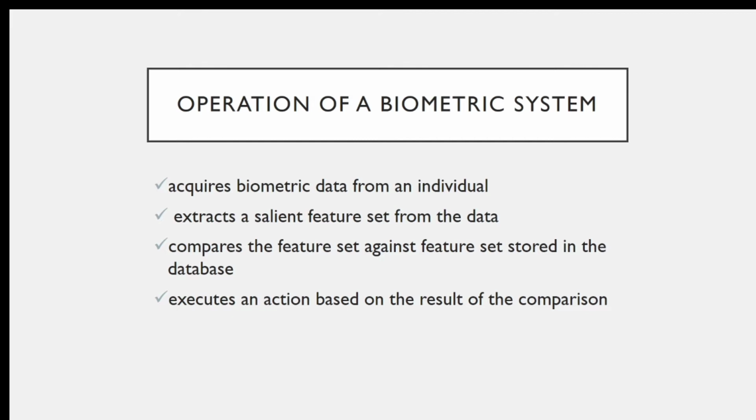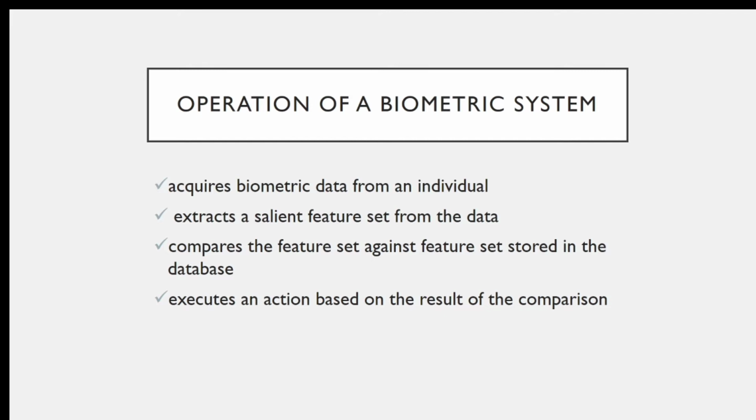Thus you can say a biometric system is essentially a pattern recognition system which makes a personal identification by determining the authenticity of a specific physiological or behavioral characteristic possessed by the user.